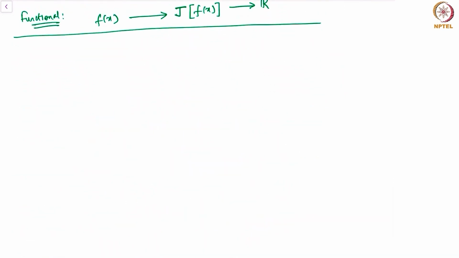The goal of our study can be put as follows.